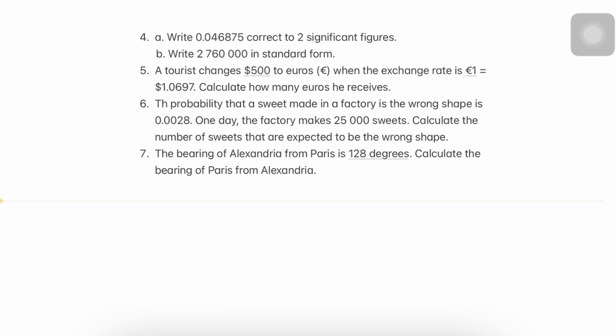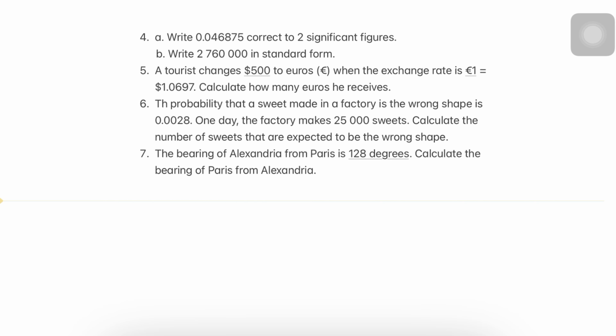For number 5, a tourist changes $500 to euros when the exchange rate is €1 is equal to $1.0697. Calculate how many euros he receives.